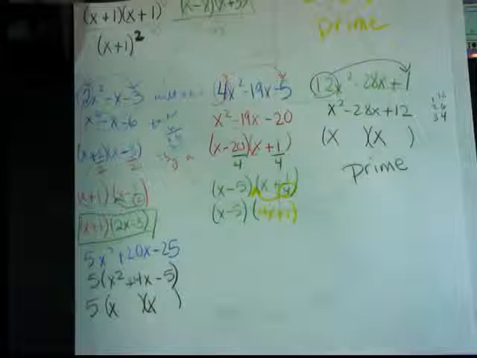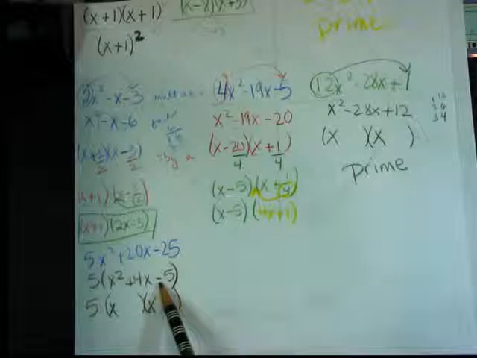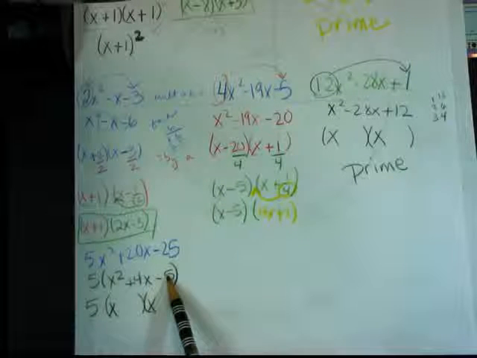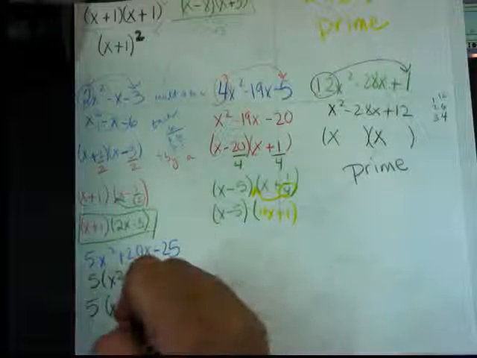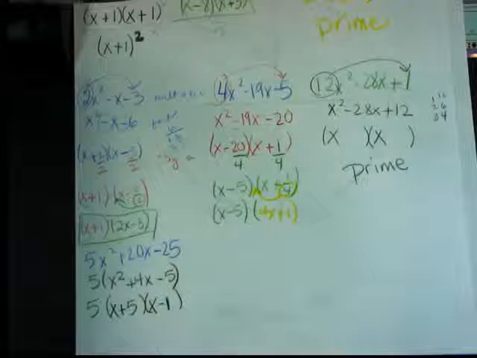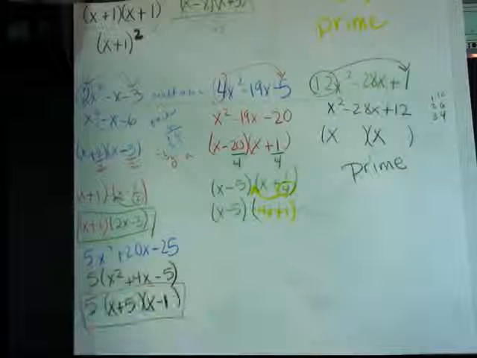And then I ask myself, what multiplies to be 5, subtracts to be positive 4? Well, what multiplies to be 5 is only 1 and 5. And 1 and 5 do subtract to be 4, but only if the 5 is positive and the 1 is negative. Once I'm done with that, now I'm done factoring.